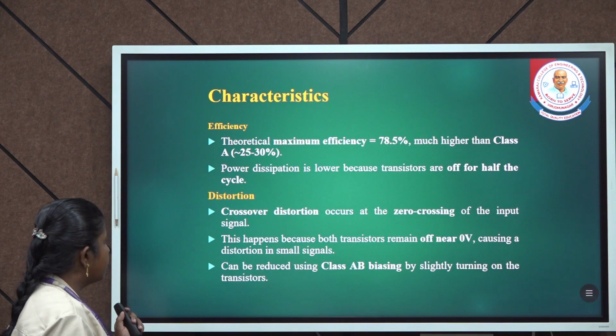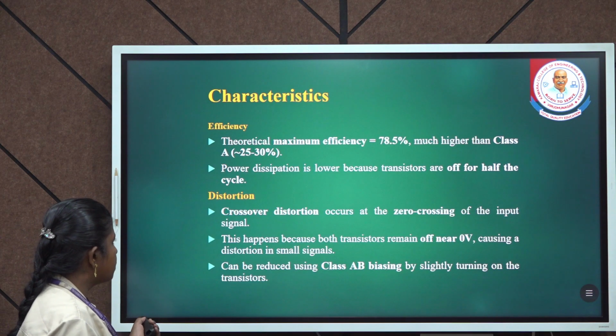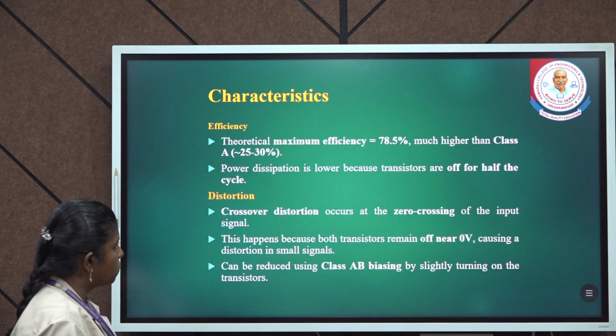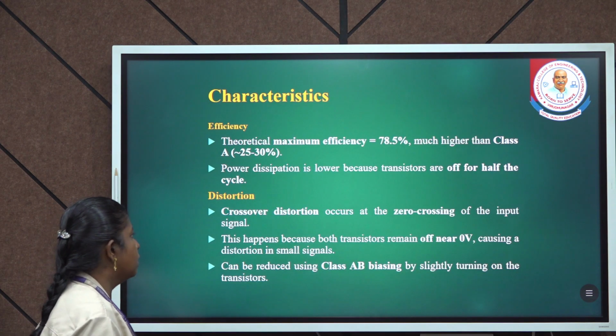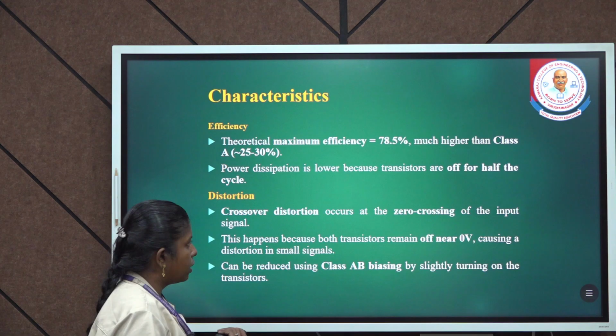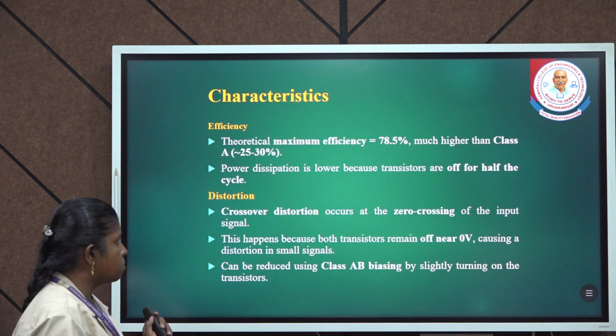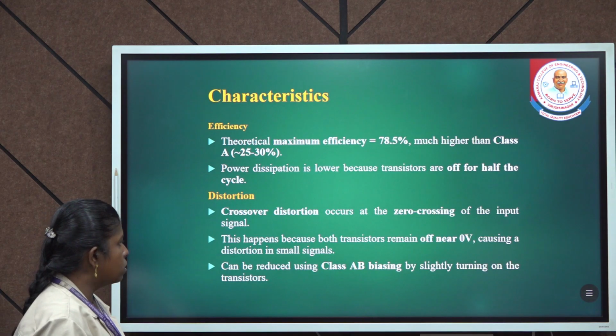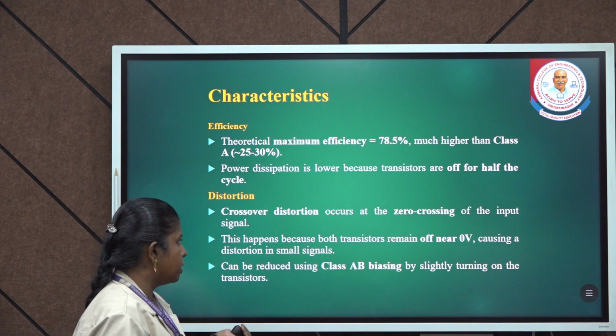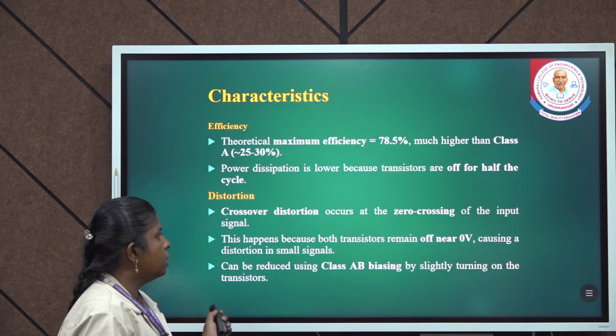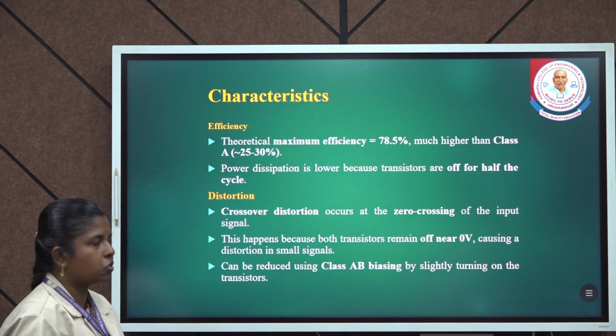The distortion characteristics show that crossover distortion occurs at the zero crossing of the input signal. This happens because both transistors remain off near zero voltage, causing distortion in small signals, and it can be reduced using Class AB biasing by slightly turning on the transistors.